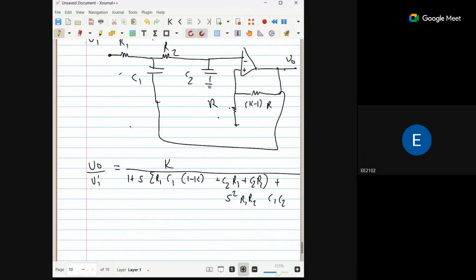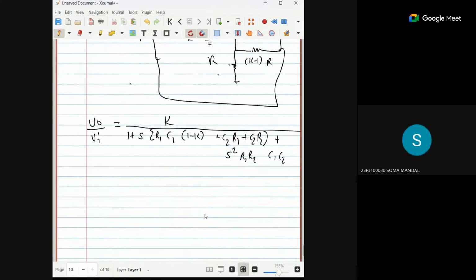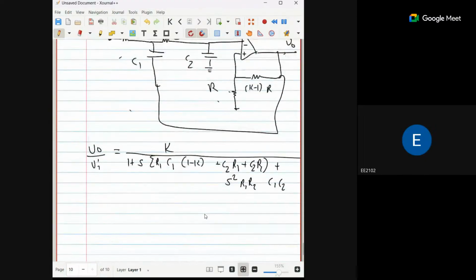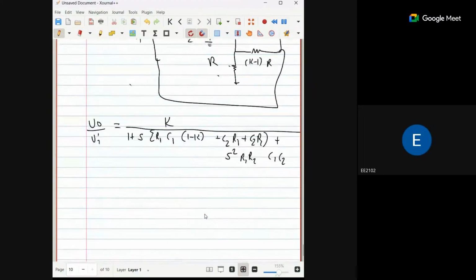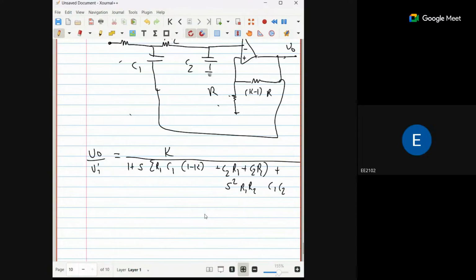Is it correct? Yes, correct. So that is the same, or anything else from that side?